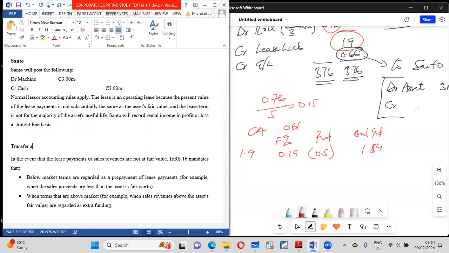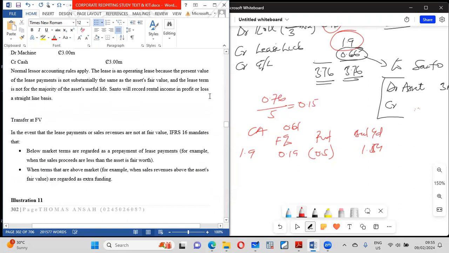We learned that in the event the lease payment or the sales revenue are not at fair value, IFRS 16 mandates that if it is below the fair value, then it is regarded as a prepayment. But if it is above the fair value, then we will treat that as an extra funding.